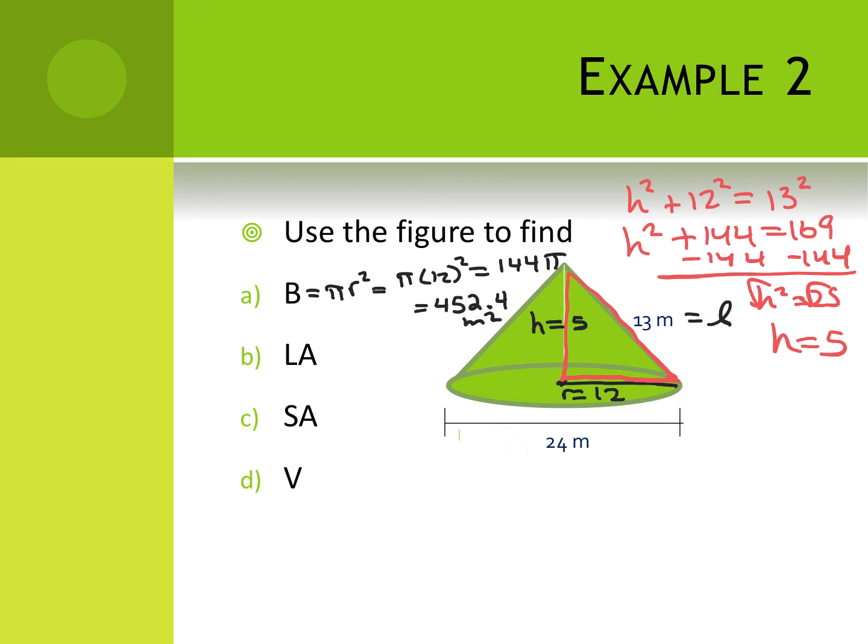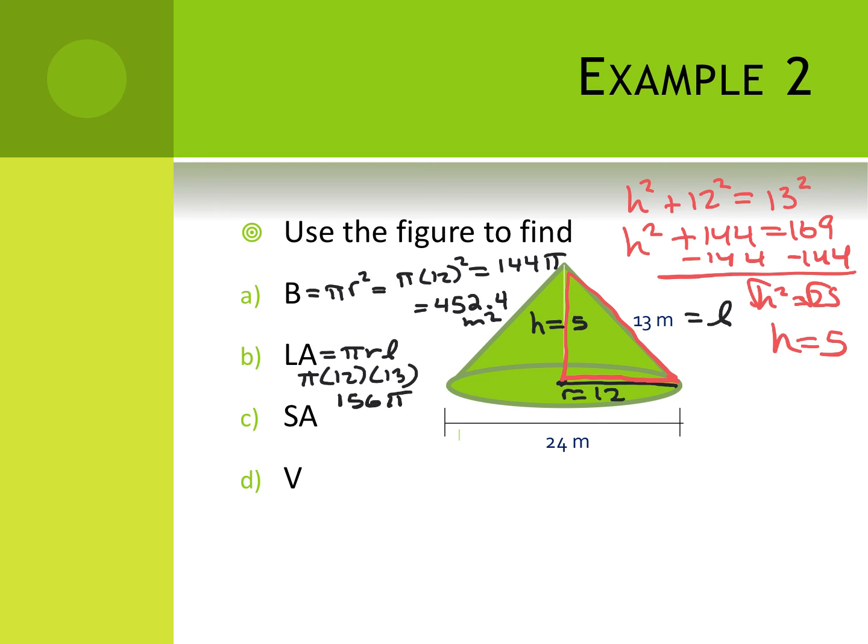For the lateral area, that formula is pi r times the slant height, which is the L. And again, they gave me the slant height. I didn't have to do any calculations for that. So pi times 12 times 13. So in terms of pi, 12 times 13 gives me 156.